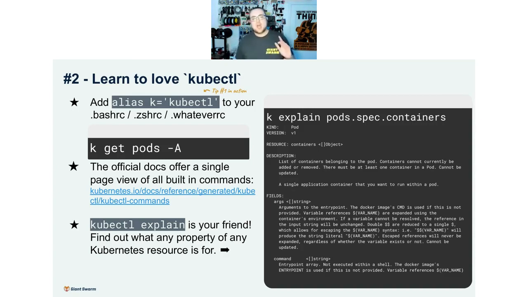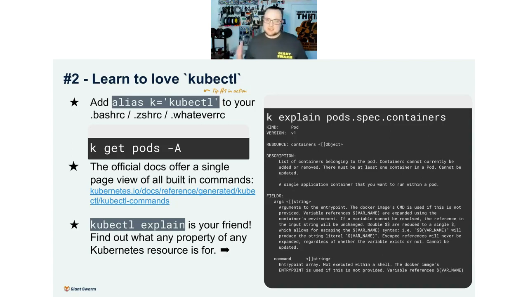Another really nice feature with kubectl is this kubectl explain command. This allows you to get information about various different Kubernetes resources, and it does this by querying the actual API of that resource to get back the details. So for example, here on the right, I'm doing kubectl explain pods.spec.containers.